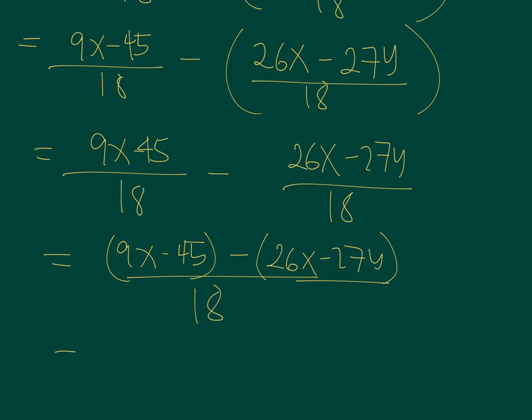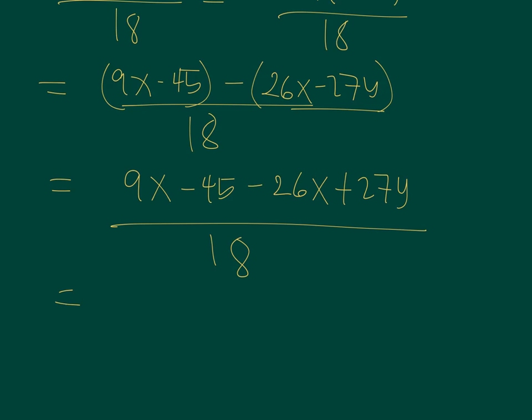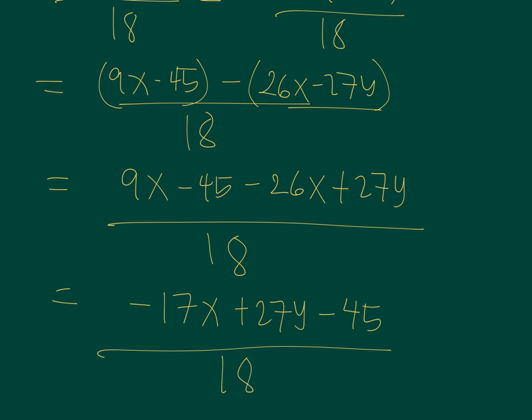Then this will become 9x minus 45 minus 26x plus 27y all over 18. And then combine the x and combine the y. So 9x minus 26x is negative 17x, and then copy 27y minus 45 all over 18. So this is the final expression.